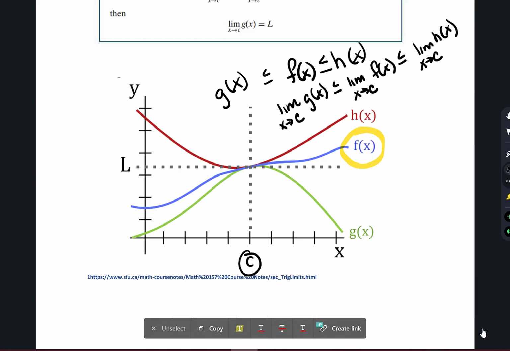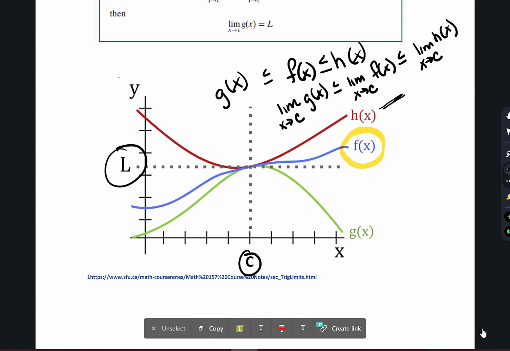And here we can see that the limit of h of x, we're going to assume that that's equal to L, and the limit of g of x is also equal to L. So then automatically the limit of f of x is also going to be equal to L.